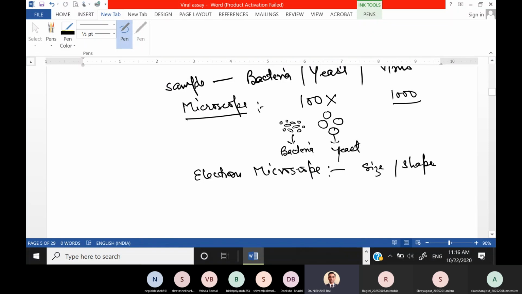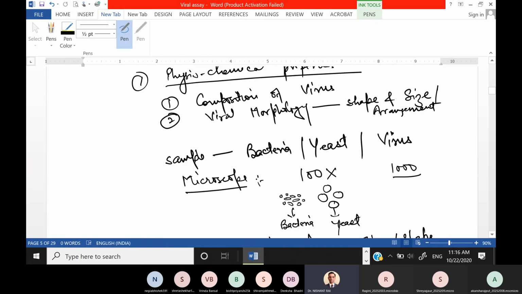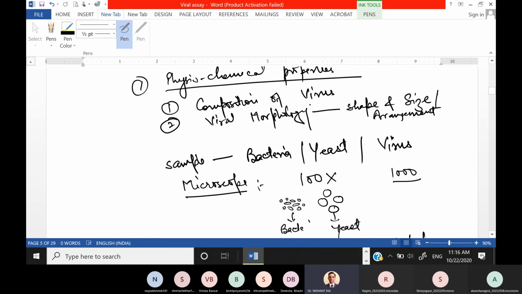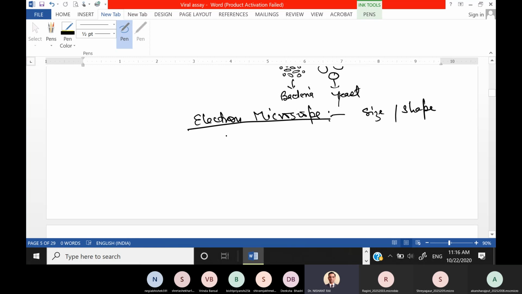So this is a preliminary assay of virus, identification of virus on the basis of which property? On the basis of its size and shape, because you know the size and shape of the virus, so you can confirm this by electron microscopy. So the first answer, the physiochemical property, is identification of size and shape of virus by using electron microscope.